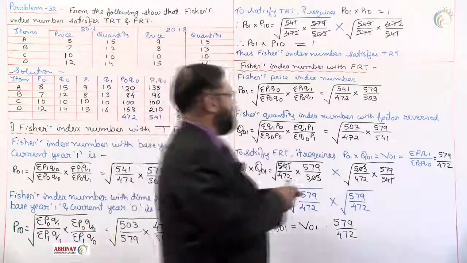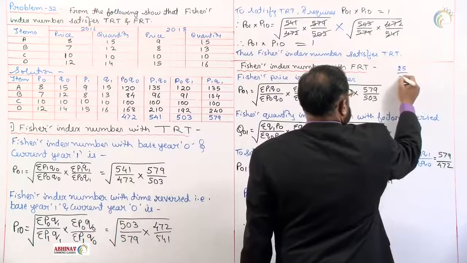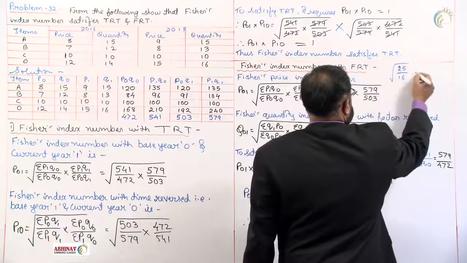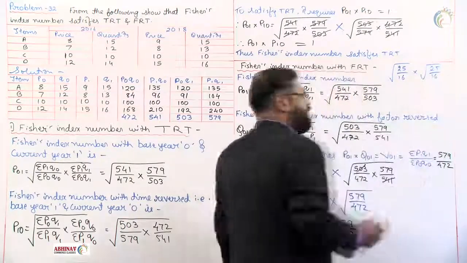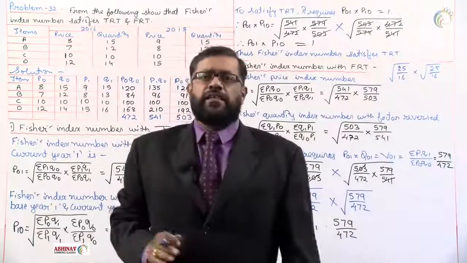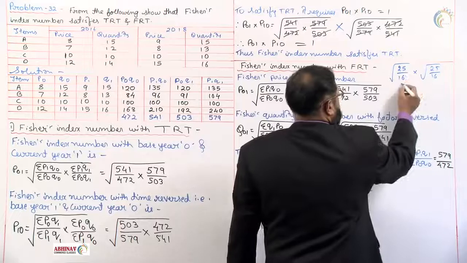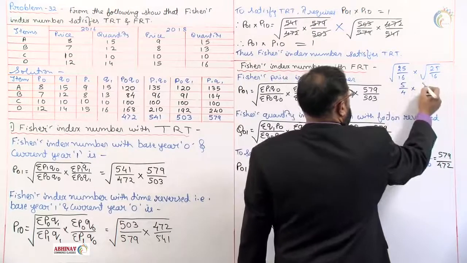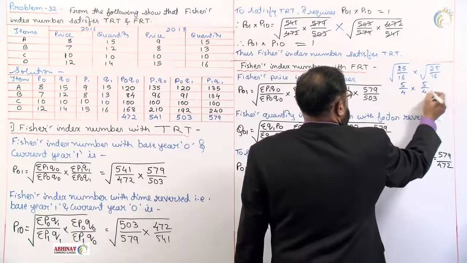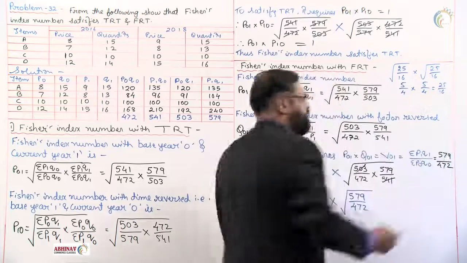Say, for example, I say the answer is 25 upon 16 before we solve. Why? Root of 25 is 5, root of 16 is 4. Root of 25, 5. Root of 16, 4. 5 into 5 is 25, 4 into 4 is 16.